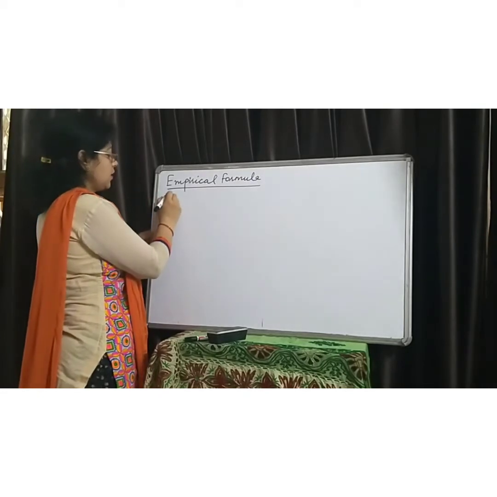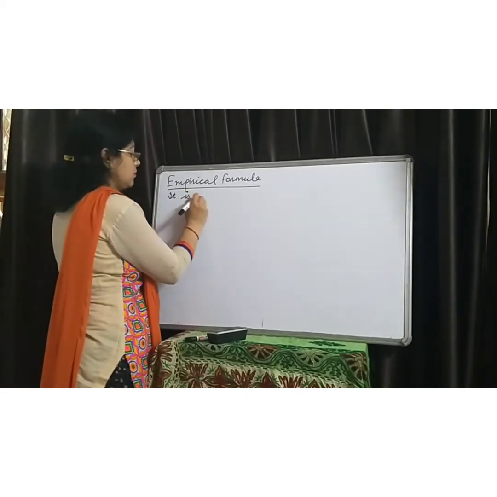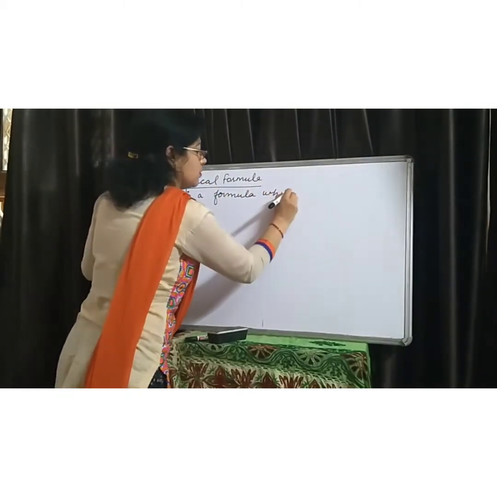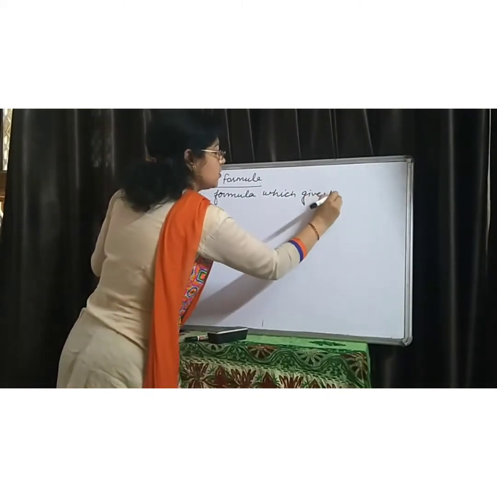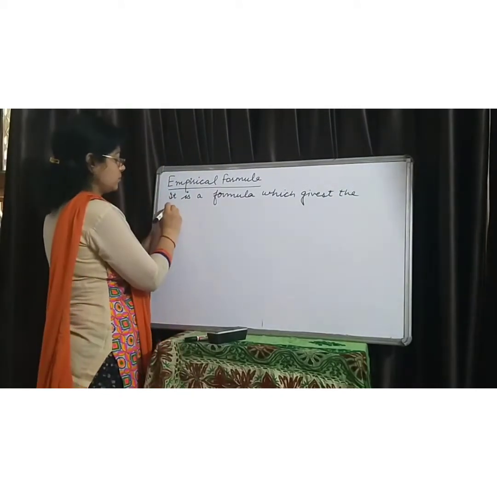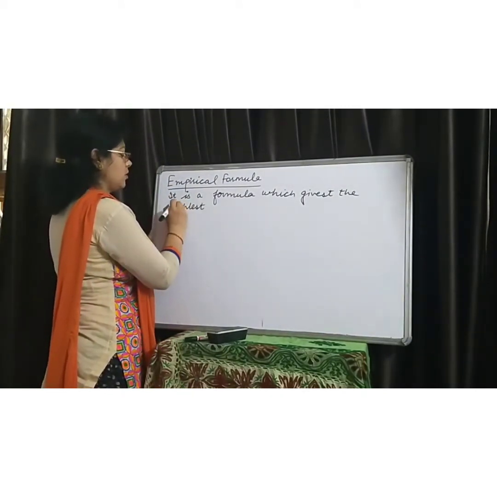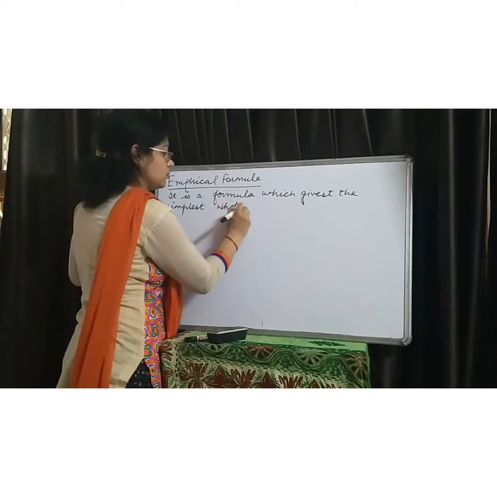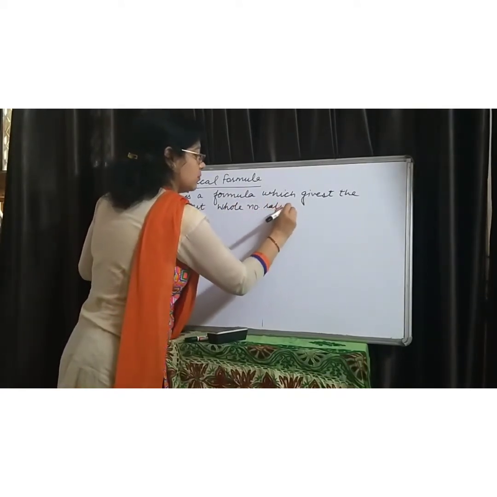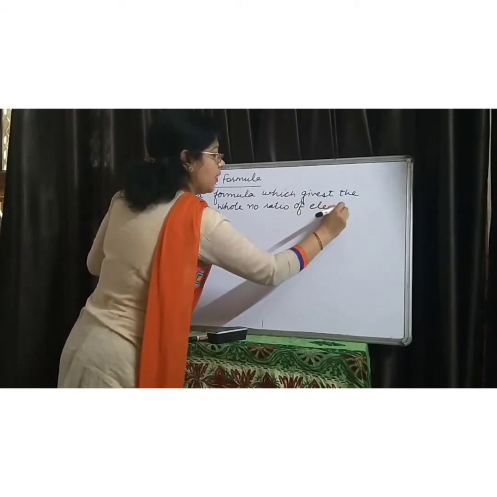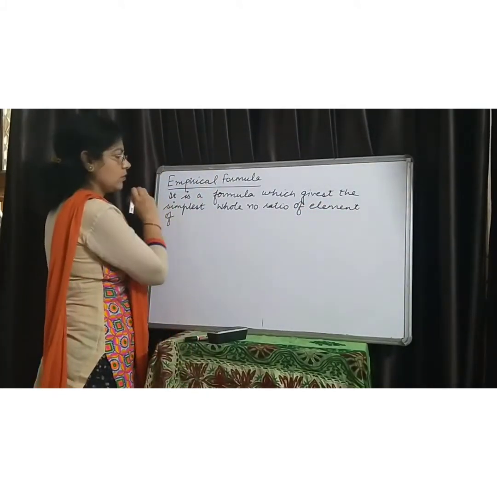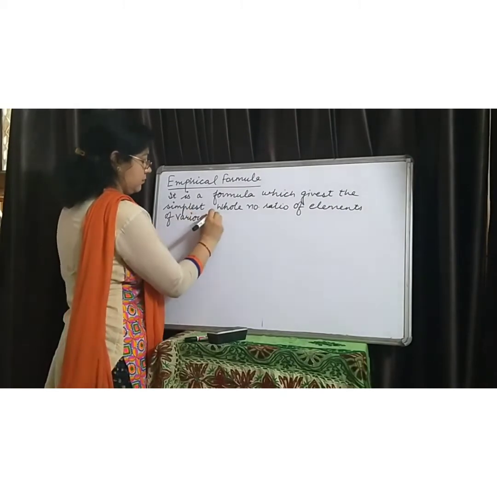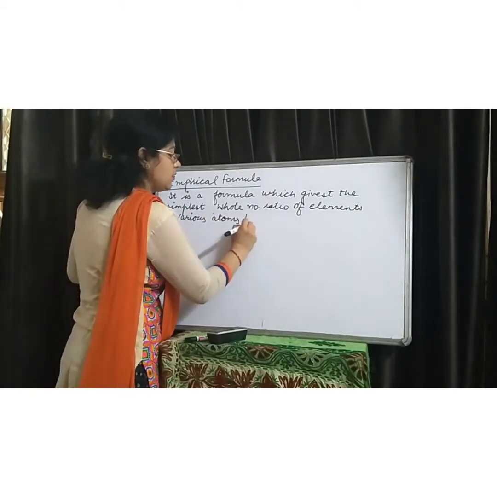Empirical formula is a formula which gives the simplest whole number ratio of elements of various atoms present in a compound.